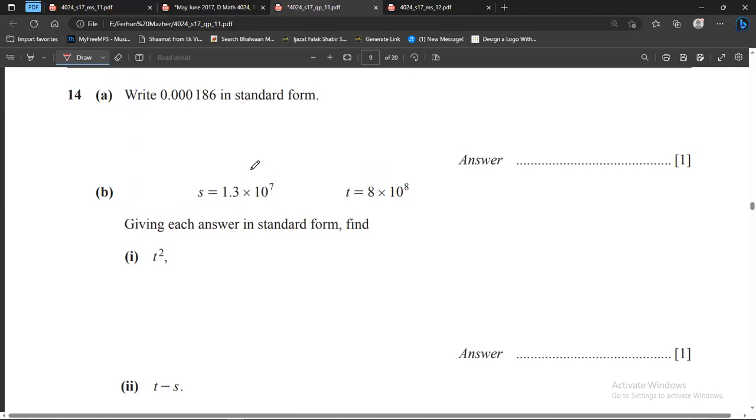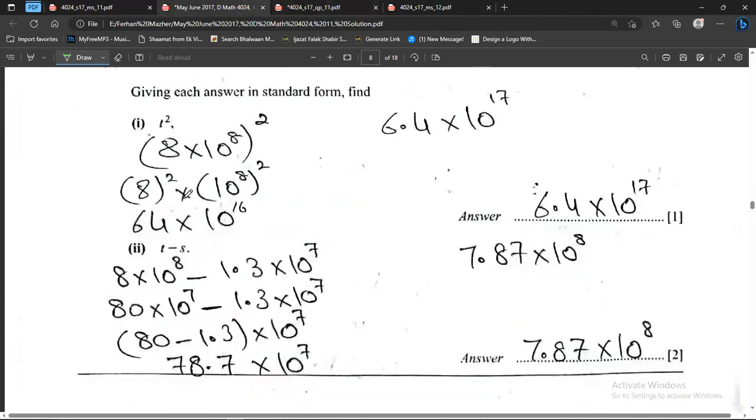Question number 14 is the B part. He says S is equal to 1.3 exponent 7 and T is equal to 8 exponent 8. Giving each answer in standard form, find T square. Very simple. T square will be the value of T, which is 8 exponent 8, and the whole thing raised to power 2. So the square is for both of them.